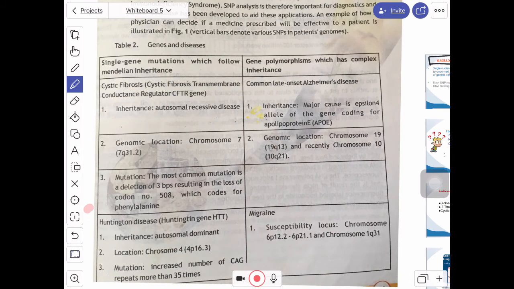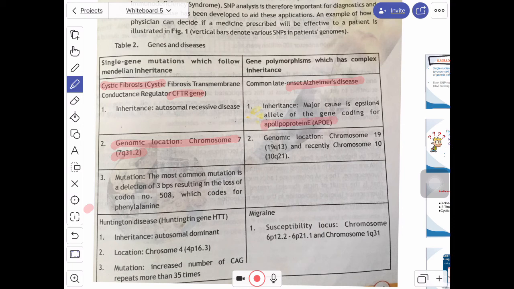Now this table in your textbook shows different diseases associated with SNPs. First one is cystic fibrosis. At the CFTR gene, if there is a mutation, it leads to cystic fibrosis. Then at chromosome number 7, 7q31.2, that is again a disease-causing mutation. Another is Alzheimer's disease. Again we discussed it on the ApoE gene.